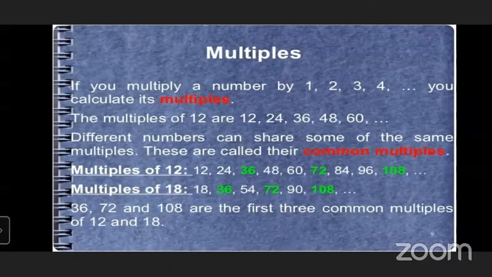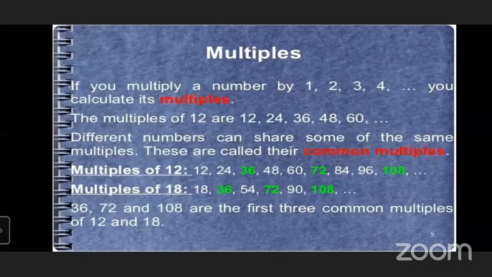Now see here, 36, 72, and 108 are the first three common multiples of 12 and 18.